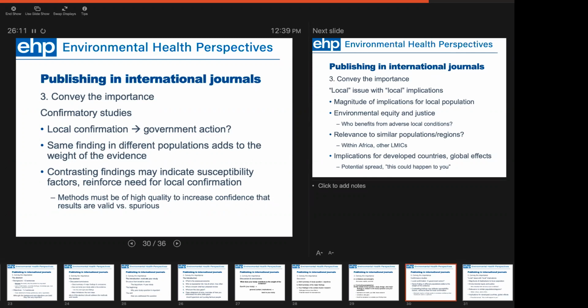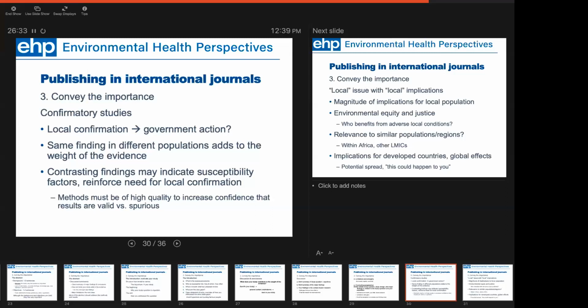And then contrasting findings. So what if your finding is very different? So you find something in your country or your location that's very different from what's been found in Europe or North America. Well, this can indicate really important susceptibility factors and reinforces how important it is to have local confirmation of studies.